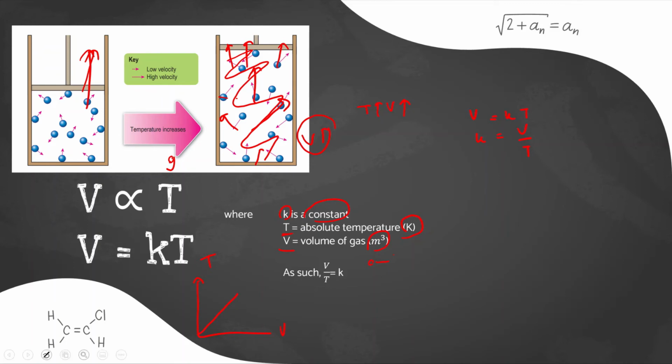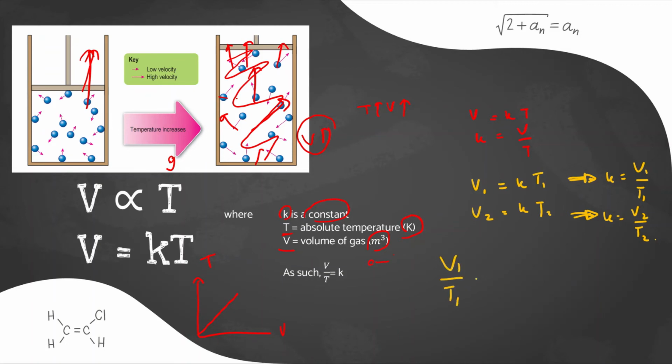Now again we have two situations here. For example, we have V1 equals to KT1, and then we have V2 equals to KT2. So from here we get K equals to V1 over T1, and here we get K equals to V2 over T2. So the generalization would be V1 over T1 equals to V2 over T2.